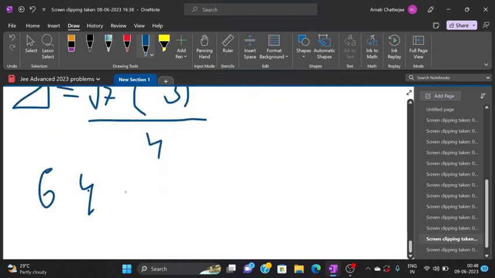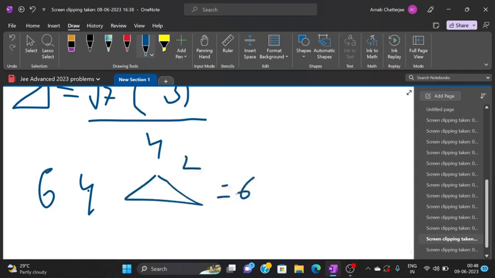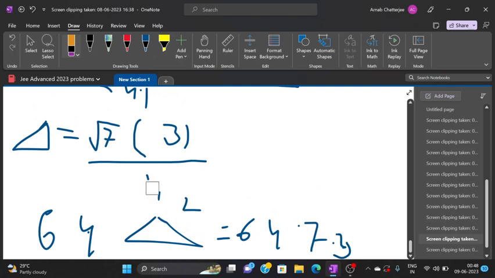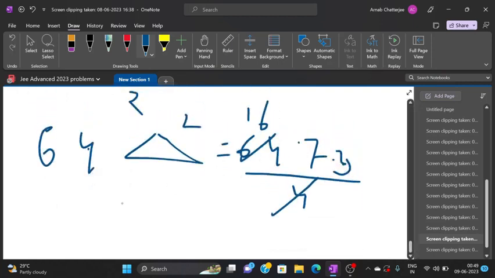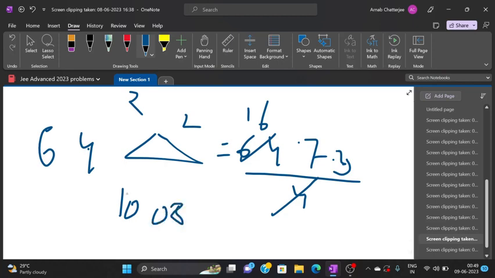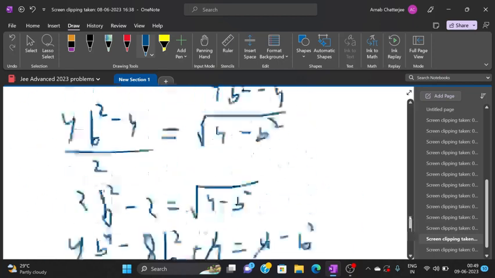So this 64 delta square becomes 64 into 7 into 3 by 16. 64 into 7 into 3 by 64 into 7 into 9. This will be a 2, not 4. Yeah, I have done the calculations in my notebook. So this will become by 4 here. So this becomes 16 into 3 into 7, which is equal to 1008. So this is the answer of the first part, 1008.